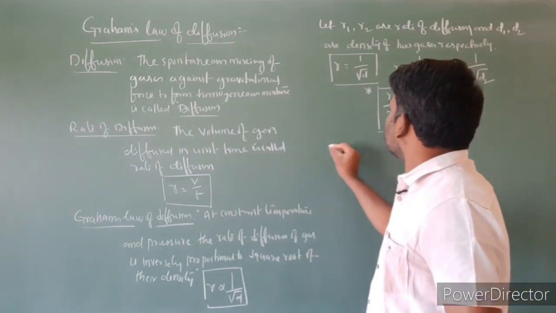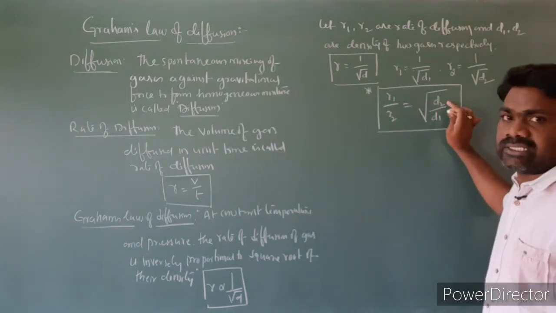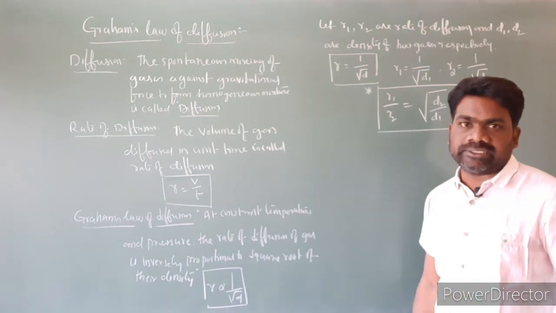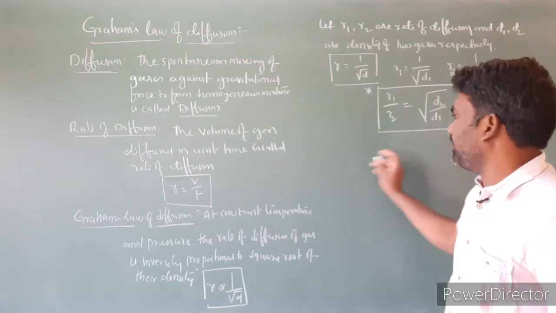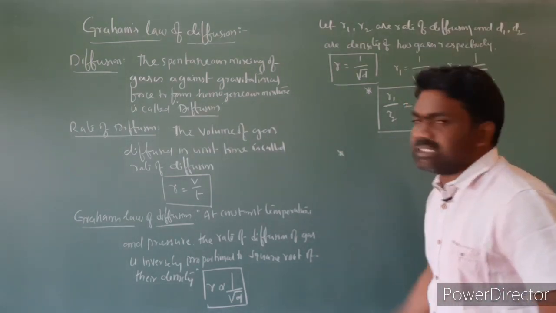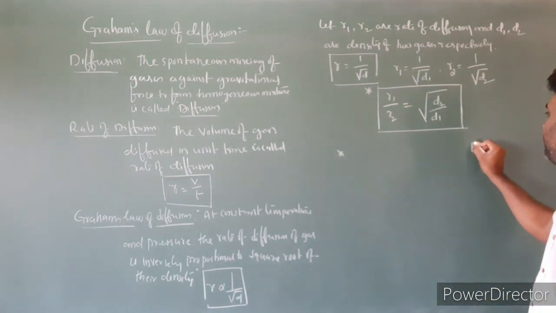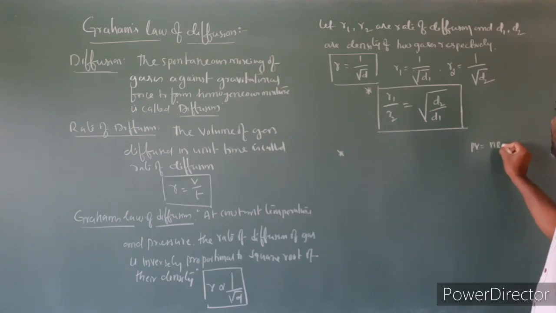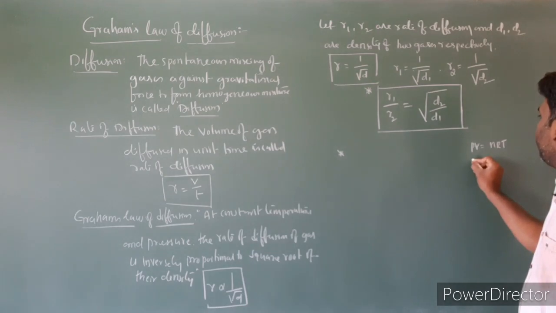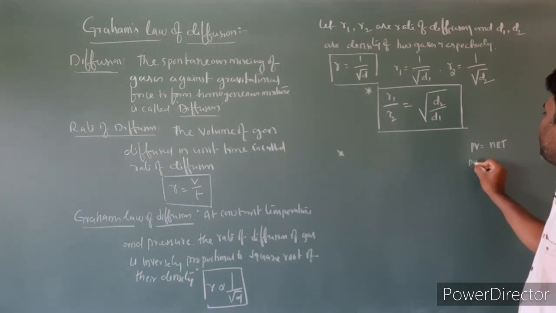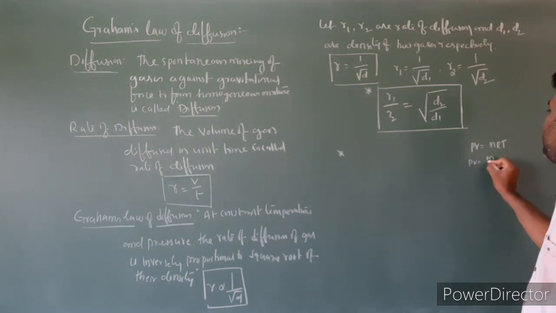Next, we know very well that density is directly proportional to mass. Mass is directly proportional to density. Another formula we have to derive, according to the ideal gas equation: PV is equal to nRT. In the place of n I am writing mass by molar mass, the number of moles formula.